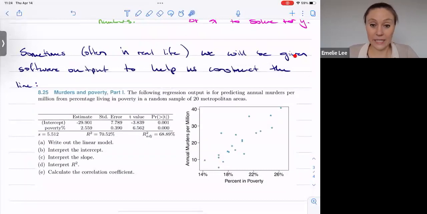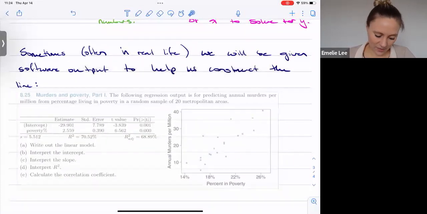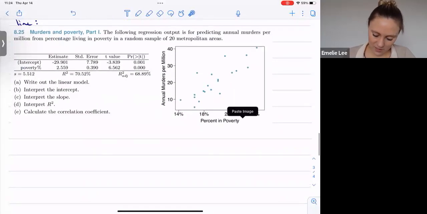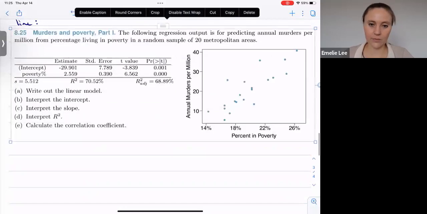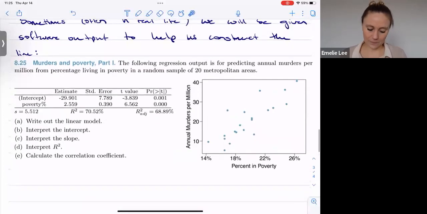I said you might be given it, but usually you're going to generate the software output. We haven't really been using R this term, because this course doesn't really have room for all that. Then we start getting deeper in that in 240, but that's okay. We'll know the basics.